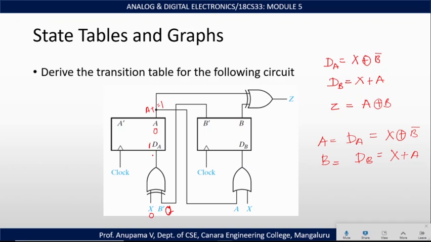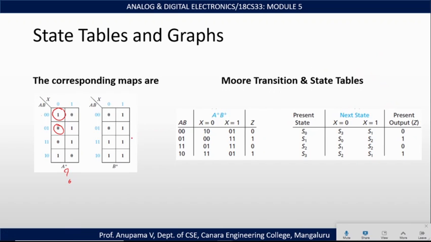So what is dA? dA is nothing but X XOR B bar. So 0 XOR 0 is 0. What is A plus? A plus is nothing but dA, dA is nothing but 0 now. See here in the map also I have written 0.